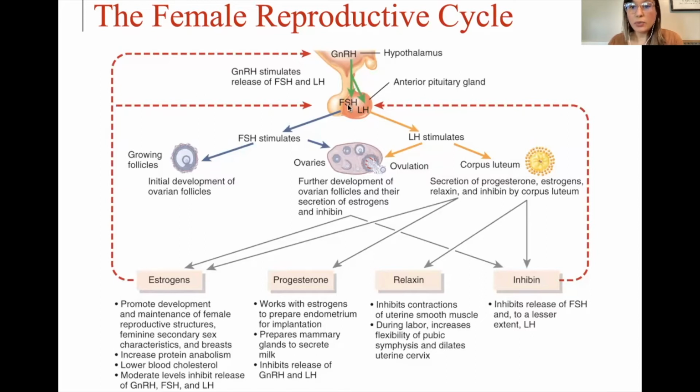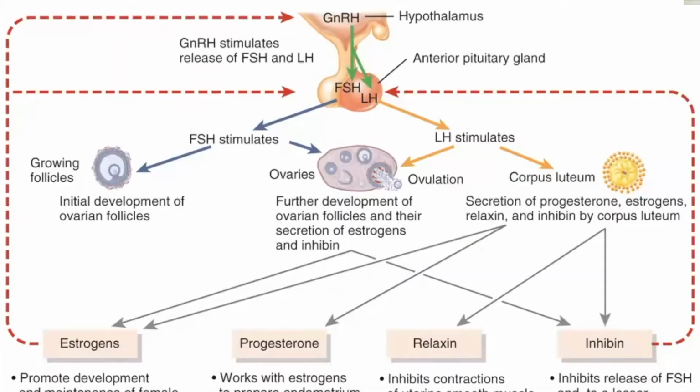Once FSH is released from the anterior pituitary, it goes into your bloodstream, and from the bloodstream down to the female reproductive system. FSH is going to stimulate the growing follicles inside the ovaries for initial development of the ovarian follicles, and it also stimulates further development of the ovarian follicles and the secretion of estrogen and inhibin.